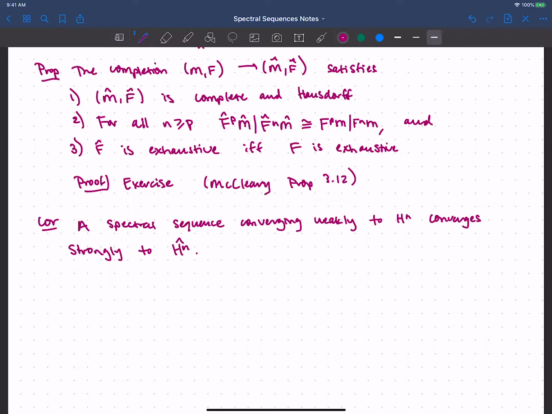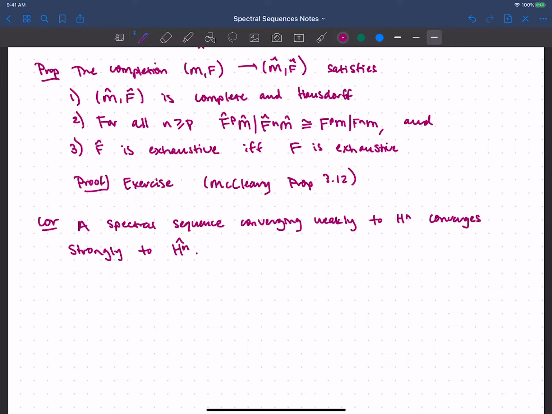You take Hn hat, you're going to get an associated filtration, F hat, for that. You won't have changed the spectral sequence at all. You won't have changed the filtration quotients at all, so you have the same E infinity term, but now it converges strongly to this thing. Okay, so maybe there's some stuff to check that you can't have messed up anything in the spectral sequence along the way, but that's really the upshot here.